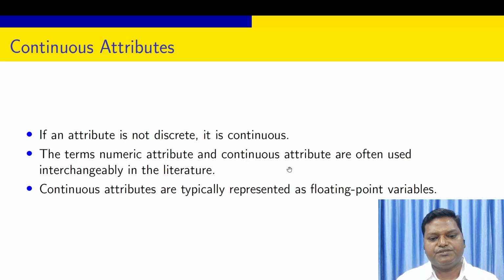Then diabetic, whether the patient is diabetic or not, is a binary attribute, since it takes only two values. Then weight is a continuous attribute. Height is a continuous numerical attribute. Gender is a binary attribute. So you can describe the data with different types of attributes.